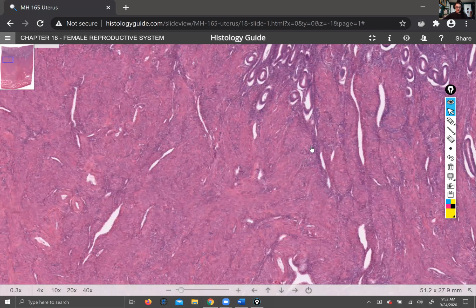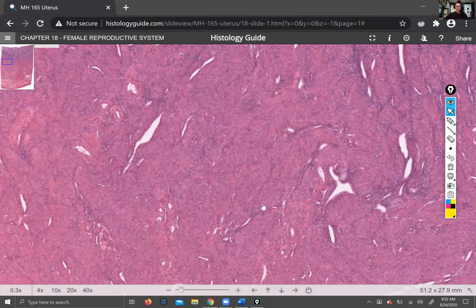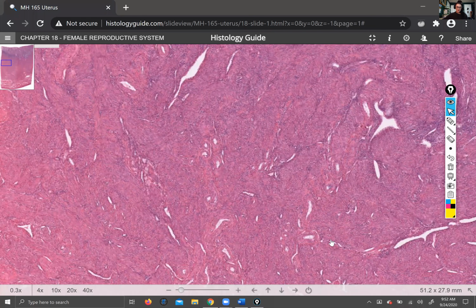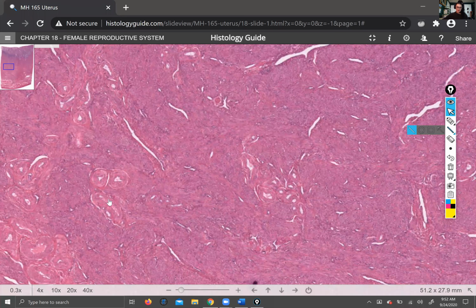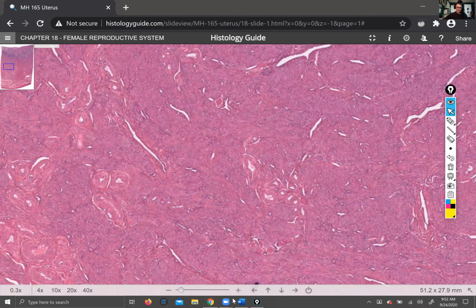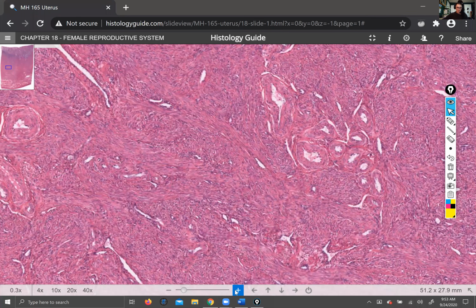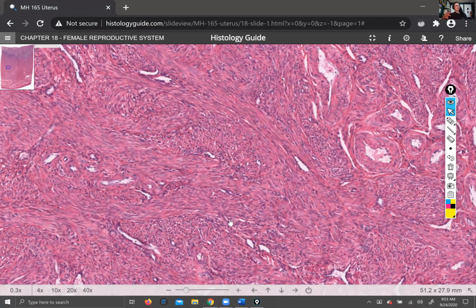Now we are down to the myometrium. And the myometrium is primarily smooth muscle. So I'm going to go to the center of it. And let's zoom in right about here. So the myometrium is smooth muscle, but the uterus is a hollow, sort of pear-shaped organ.